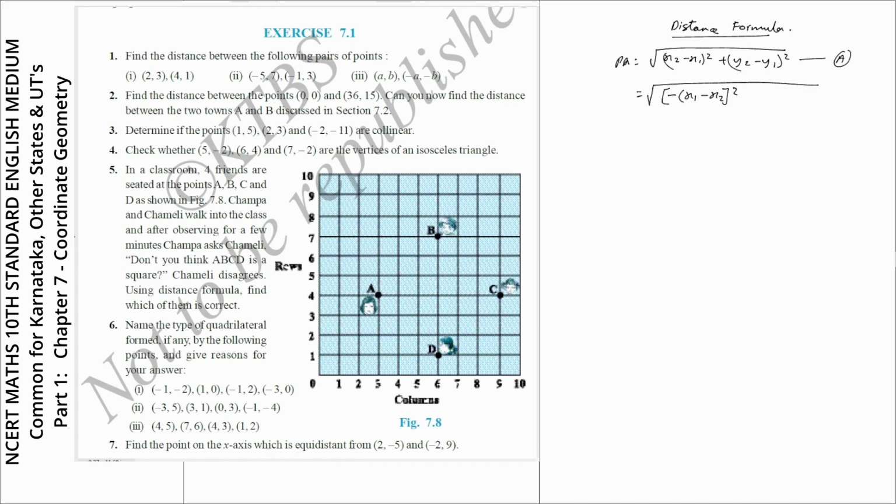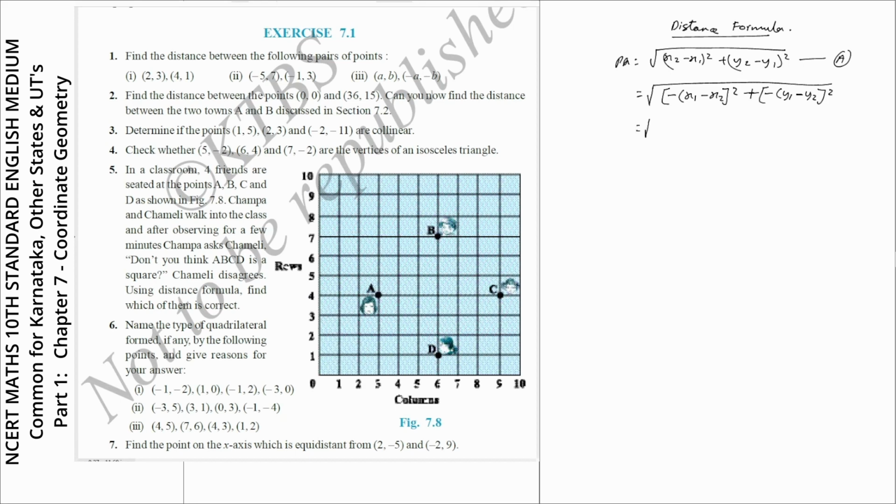When you open the bracket you will get the same thing, x2 minus x1 only. Now here y2 minus y1 the whole square, here also I will make some changes. I will write minus of y1 minus y2 the whole square. Again here also if you open the bracket you will get the same thing, y2 minus y1 the whole square. So effectively I have made no change in the equation.